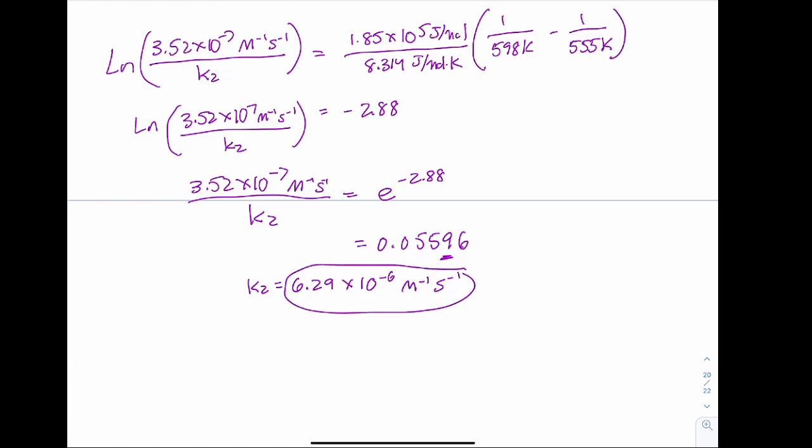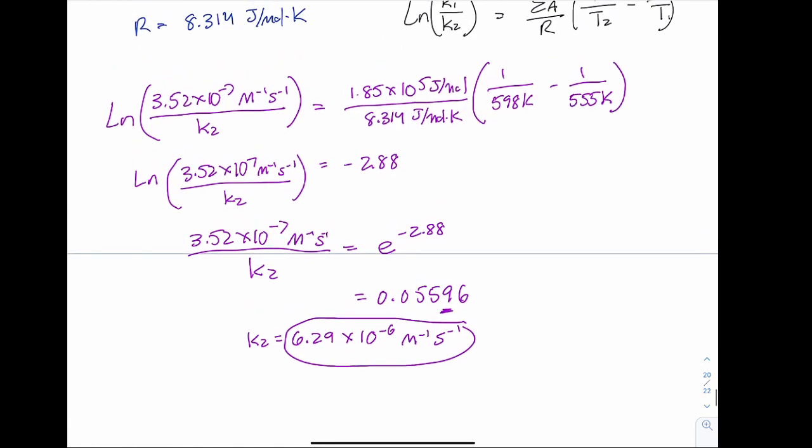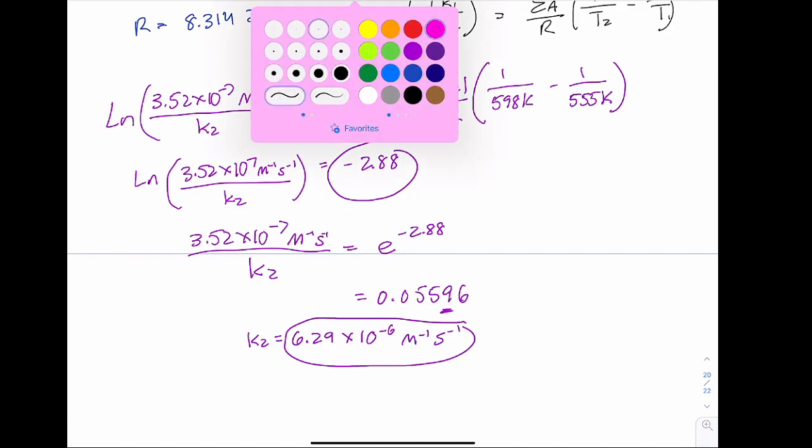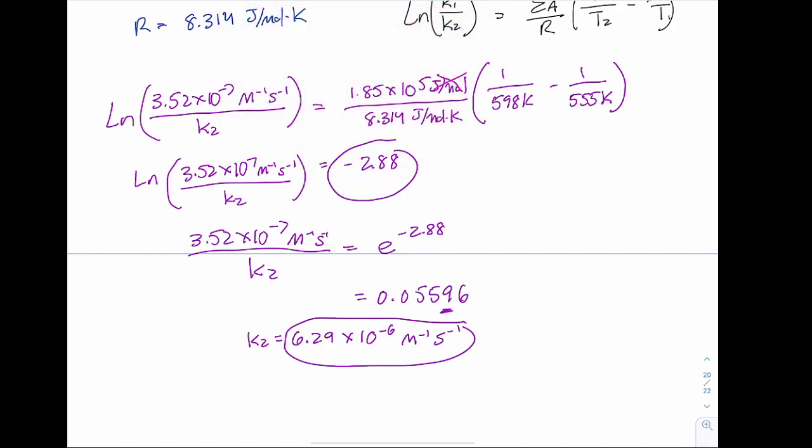Unit-wise, let's go back and take a look at this real quick. At this point, I don't have units. So my joules per mole canceled with my joules per mole. And then these kelvins ended up canceling, right? 1 over Kelvin minus 1 over Kelvin is 1 over Kelvin. And then that 1 over Kelvin is multiplied by Kelvin.